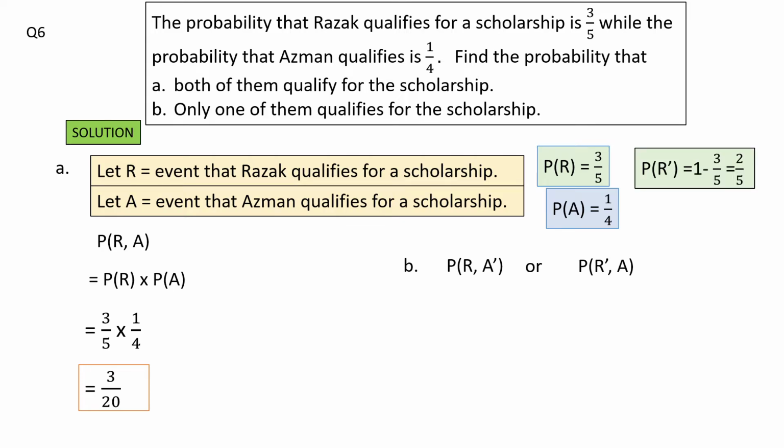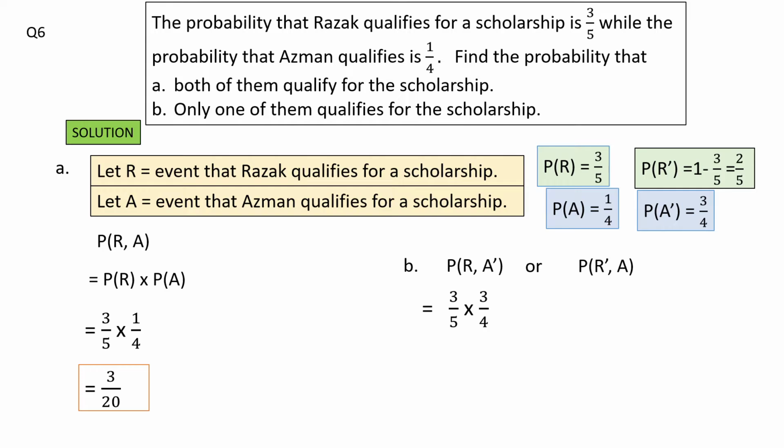Since the probability Raza qualifies is 3/5, the probability of the complementary event will be 1 minus 3/5, which is equal to 2/5. And if the probability Azman qualifies is 1/4, therefore the probability Azman doesn't qualify will be 1 minus 1/4, that is 3/4. So with this information, now we can continue.